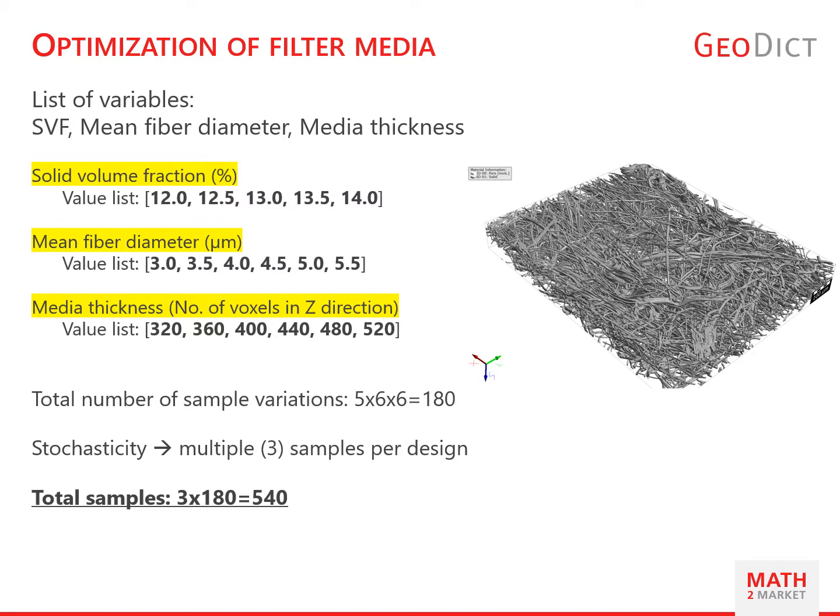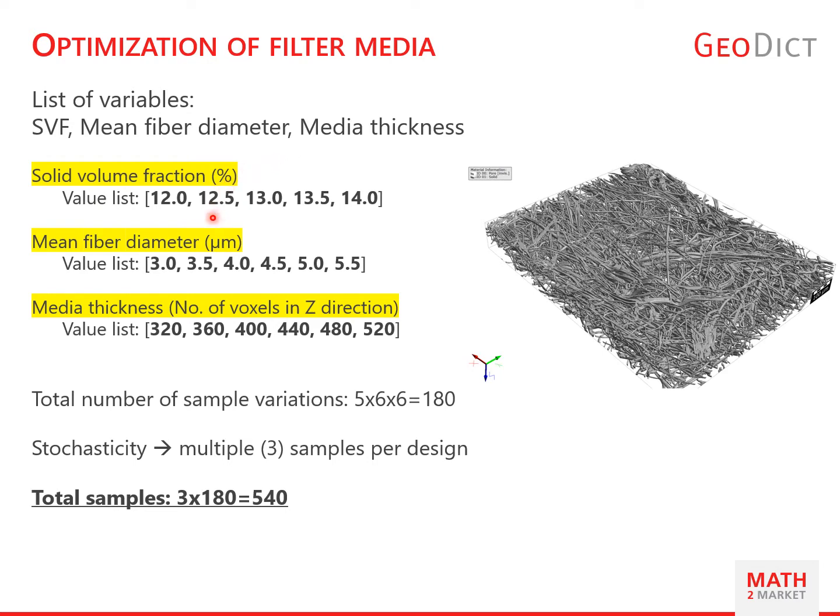So for the optimization of the filter media, if we consider here the fine layer of the filter media, which has the major role in filtration and pressure drop, we need to define some lists of desired variables. In this optimization example, we have selected solid volume fraction, mean fiber diameter, and media thickness of the media as variables.